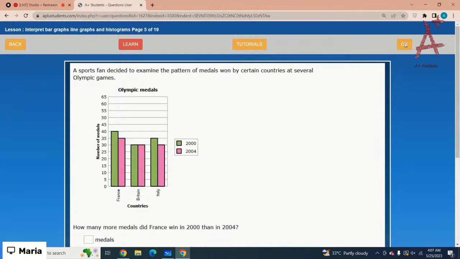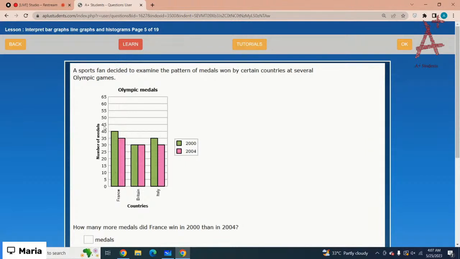Okay, the next one is, a sports fan decided to examine the patterns of medals won by certain countries at several Olympic Games. How many more medals did France win in 2004 than in 2010? You have to look at the medals.